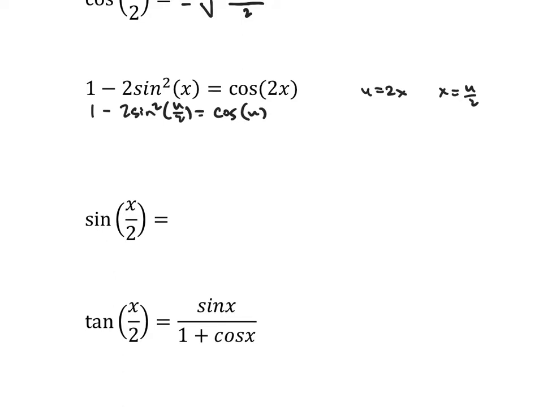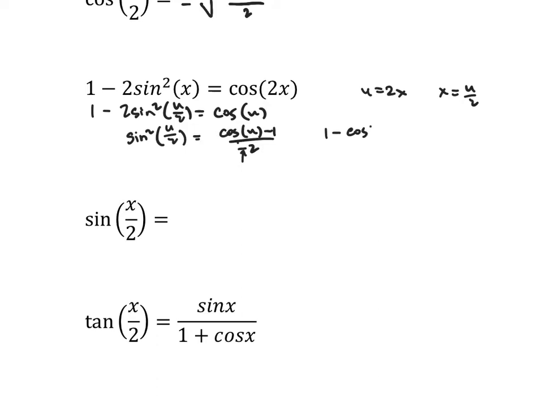Let's solve for sine of u over 2. So we're going to subtract 1 and then divide by a negative 2. So I'm going to get sine squared u over 2, subtracting 1 dividing by a negative 2. Okay, I'm going to rearrange that, use this negative here in the denominator and flip the numerator sign.